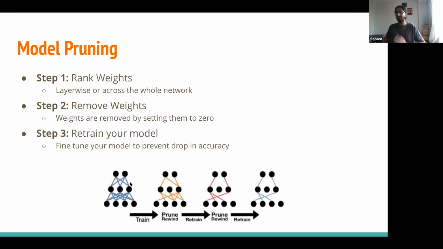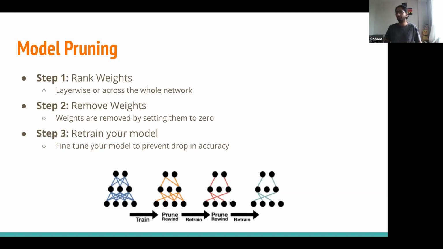So just to recap, we train a normal network that's over parameterized. What over parameterized means is there are a lot of parameters and not a lot of them are actually used or useful. So we first train this over parameterized model, and then we remove weights. And we can remove weights in many ways.